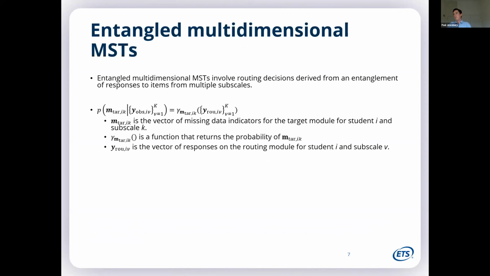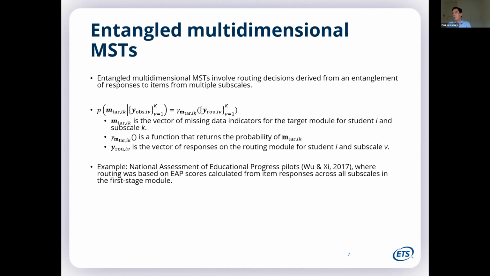To be a bit more concrete or mathematical, the conditional probability of the missing data pattern on the second stage for a given subscale is a function of the item responses on the first stage for all of the subscales.